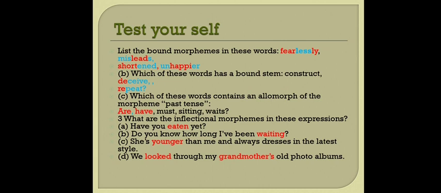Okay, you can see that eat is a free morpheme, en is an inflectional morpheme. Waiting, so you say the ing form is an inflectional morpheme, you know it. And if you look at the sentence, he is younger than me and always dresses in the latest style. So younger, er, it's a comparative degree, so you say it's an inflectional morpheme.